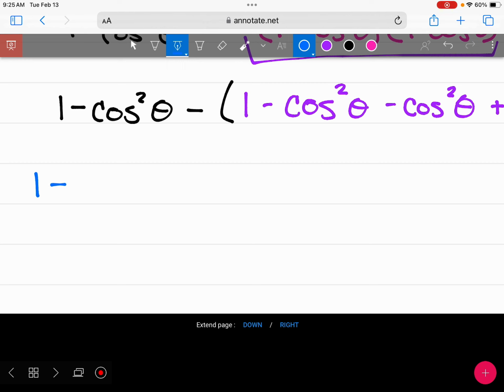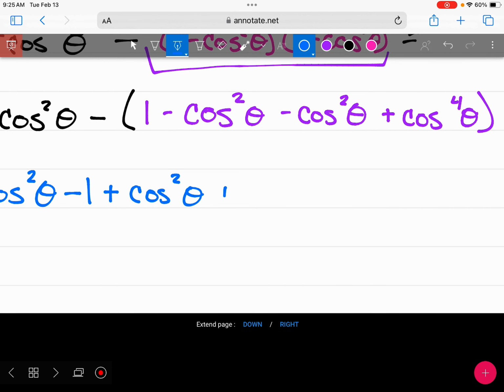So I have 1 minus cosine squared theta minus 1 plus cosine squared theta plus cosine squared theta minus cosine to the 4th of theta. And we're up to our equal sign. Whew.